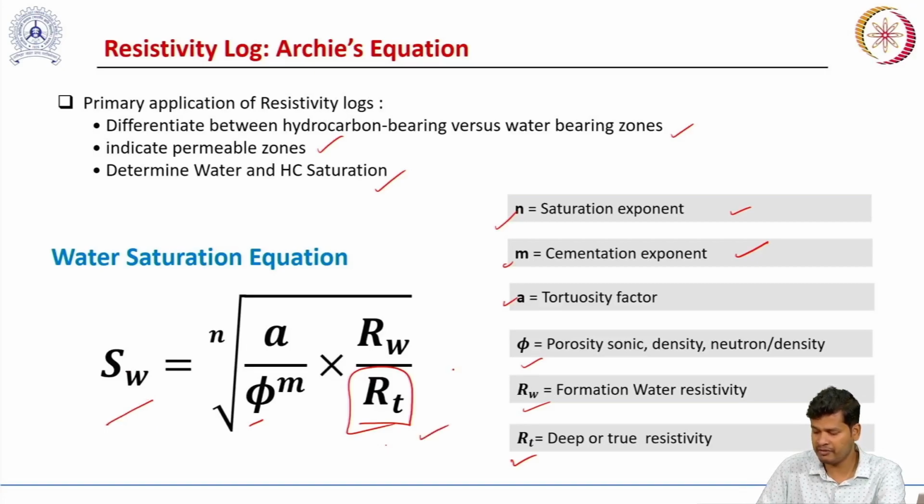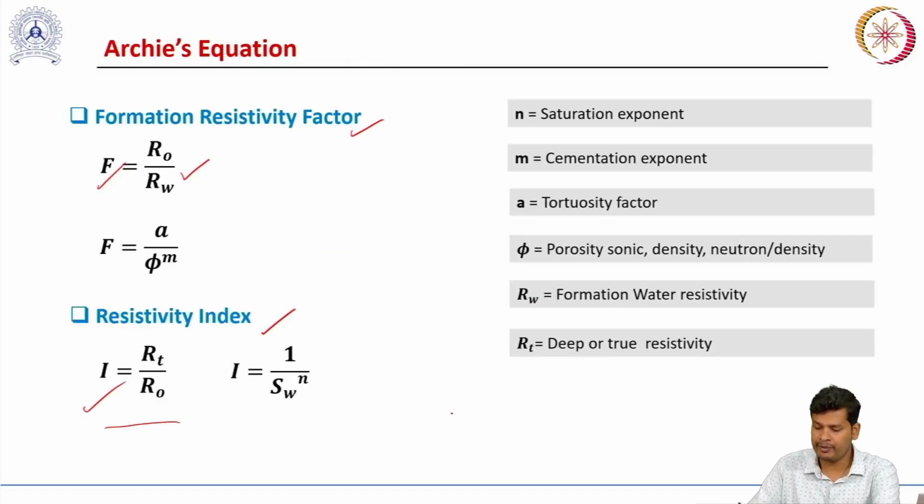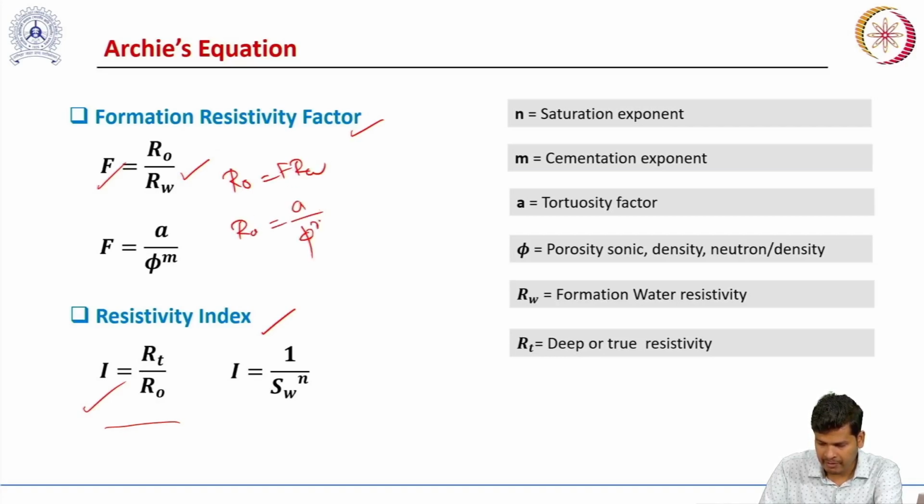This is the equation which is derived by combining F and I. So simply put the value of Ro as F times Rw, or a divided by phi to the power m times Rw, into this equation to calculate the water saturation.